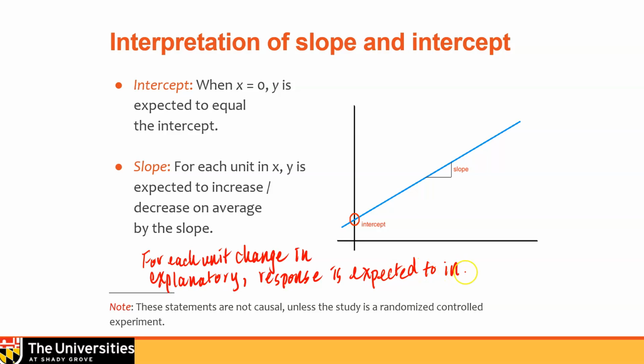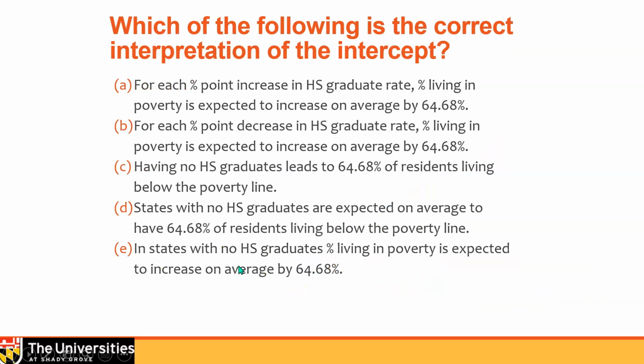Remember, these are predicted values, so it is predicted to increase or decrease by the slope. Okay, and a nice reminder here that none of these statements are causal unless we have a study that is a randomized controlled experiment. So we've got an expectation, a prediction of an increase in a response based on a unit change in explanatory.